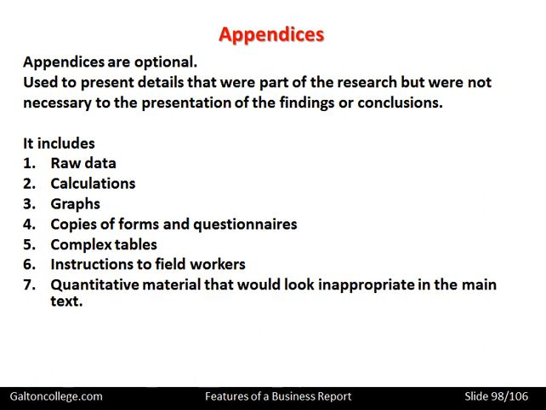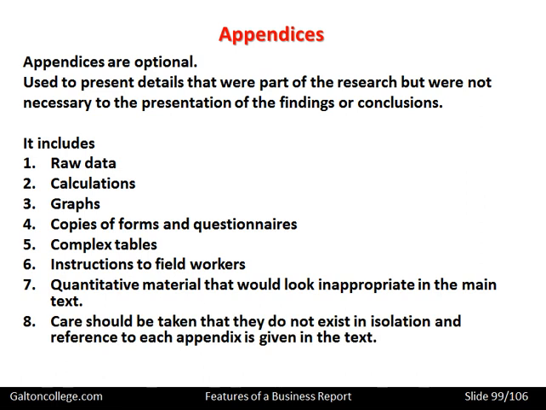Any quantitative material that would look inappropriate in the main text, just include it in the appendices and reference it. Care should be taken that they do not exist in isolation, and reference to each appendix is given in the text.